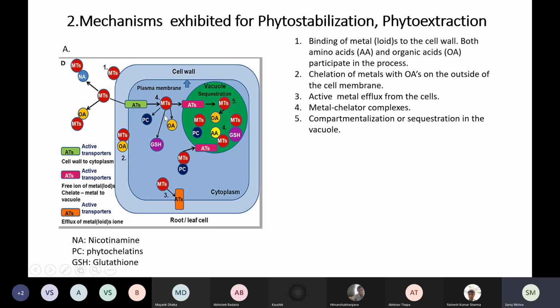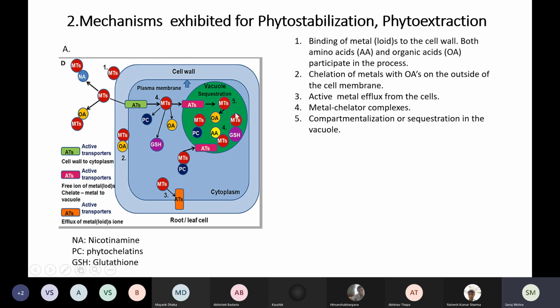So in the green, what is shown is a plant vacuole, and either these metals or the metal chelates can directly enter inside. So this is a second membrane, which separates the cytoplasm from the vacuole. So these active transporters can take them up, and all these metals are now sequestered within the vacuole.